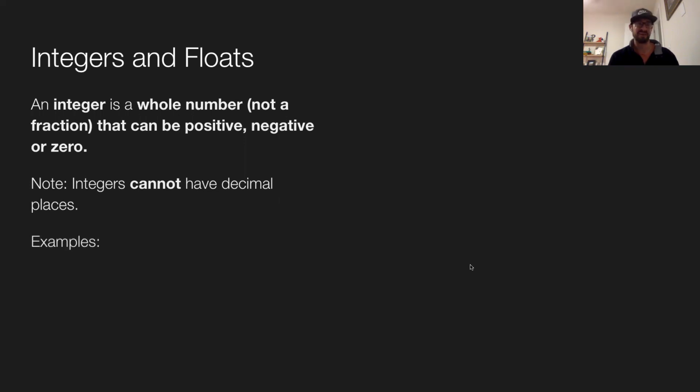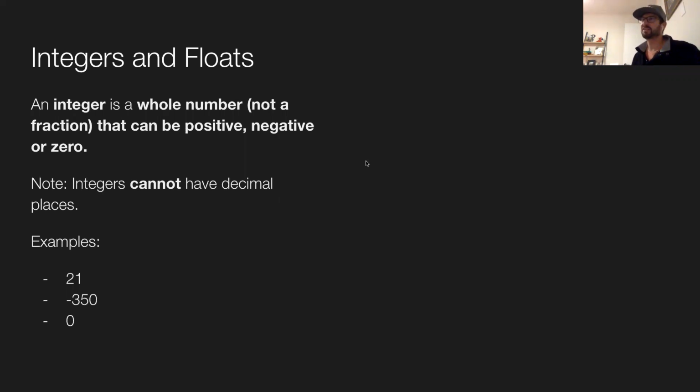So an example, get ready for some groundbreaking examples of integers. 21, it's an integer. Wow, beautiful. Negative 350, it's an integer too. Unbelievable. 0, whole number, integer, believe it or not. Wow, groundbreaking stuff.